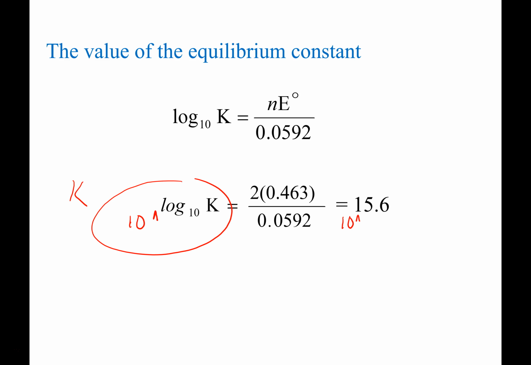So your K is equal to 10 raised to 15.6, which is 4.38 times 10 to the 15. And we talked about large K's, that's pretty large, so it seems like it's pretty product favored.